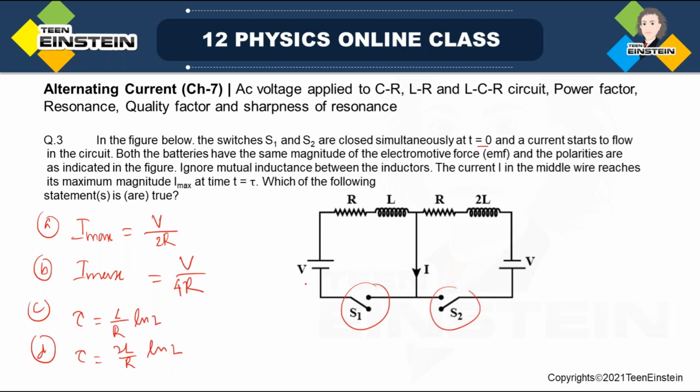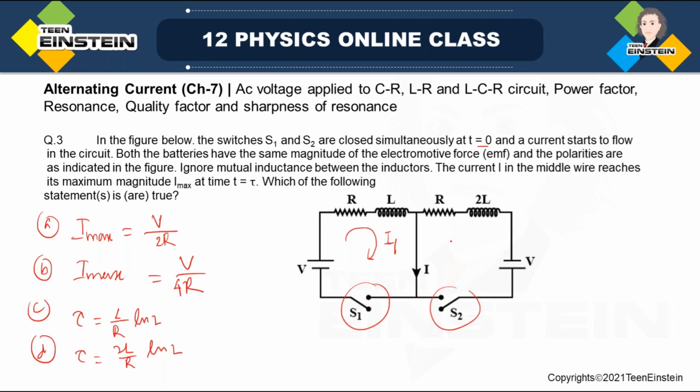Since there are tau and currents and so on, if we consider two loops here, and you can see these are DC batteries, we can go with Kirchhoff's law, thinking of this as loop 1 and flowing the current through this circuit.